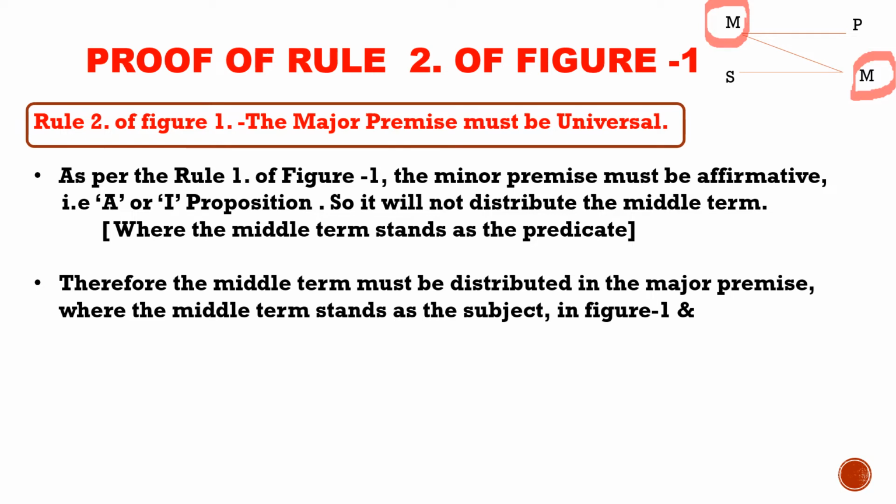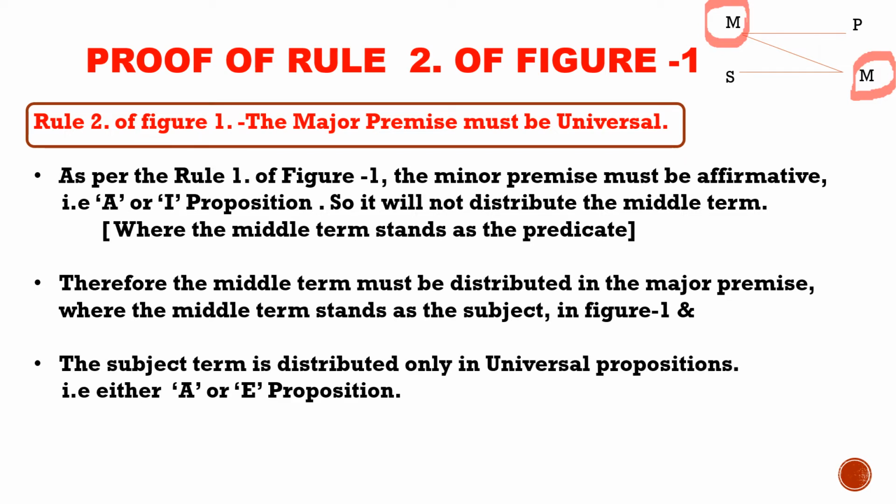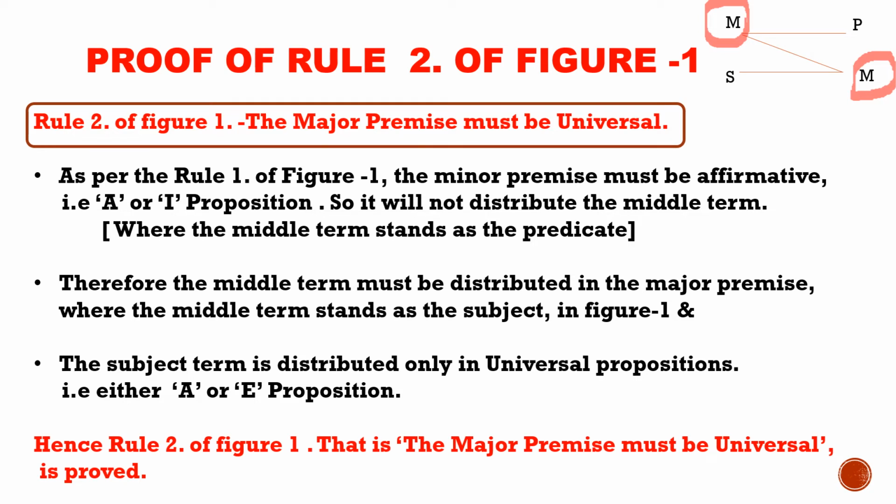So since it stands as the subject of the major premise, the major premise must be a universal proposition, that is either an A or E proposition. Hence, rule 2 of figure 1, that is, the major premise must be universal, is proved to be true.